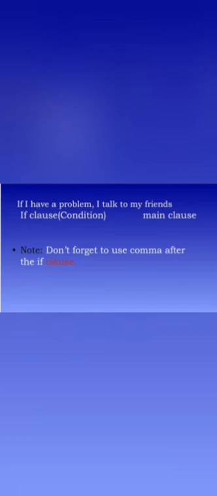The difference is that in this sentence, we are using the if clause first and the main clause later. So, what do you note? That do not forget to use a comma after the if clause. So, whenever we are using the if clause first and the main clause later, then you must put a comma after the if clause. Got it? Very nice.